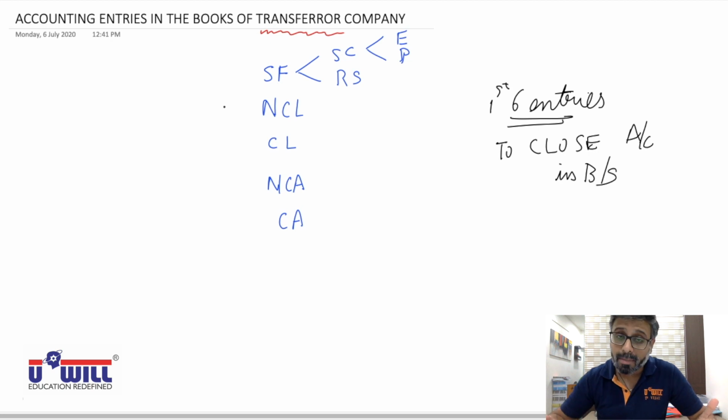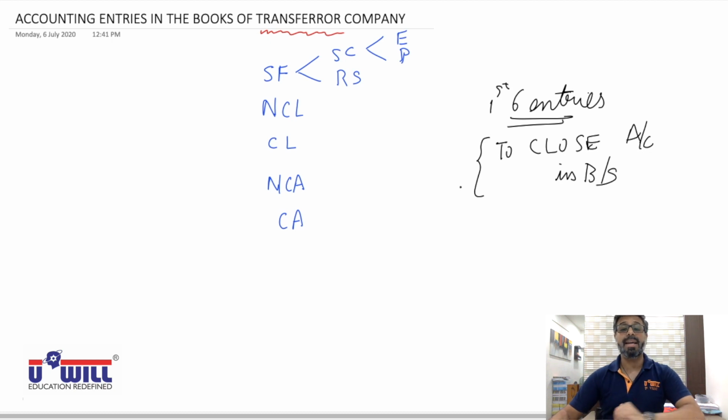Company is winding up the business. So balance sheet should become zero. The company does not exist now. It has gone into liquidation. How would you make the balance sheet zero? How would you scrap the balance sheet? By closing all the accounts in the balance sheet, and therefore first six entries in the books of Transferor company are derived from these closing entries only.